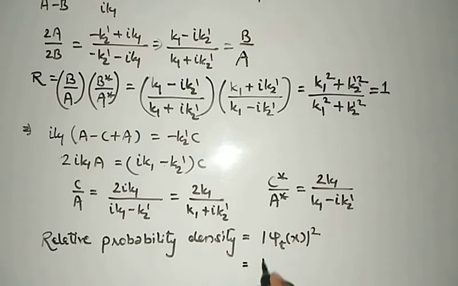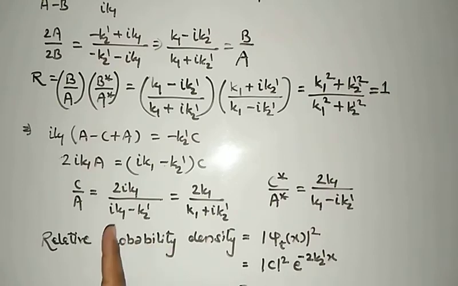This is mod c square e to the power minus 2 k2 dash x, because we know that the value of psi t, that is psi 2, is equal to c e to the power minus k2 dash x. We have the expression, this is the square of it. So C and C star will be mod C square, and this is okay.